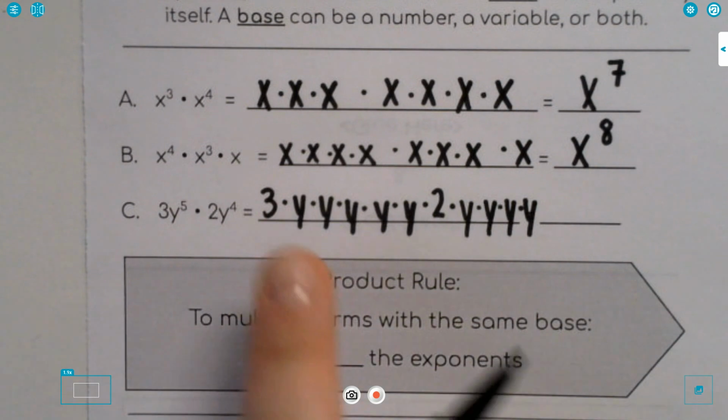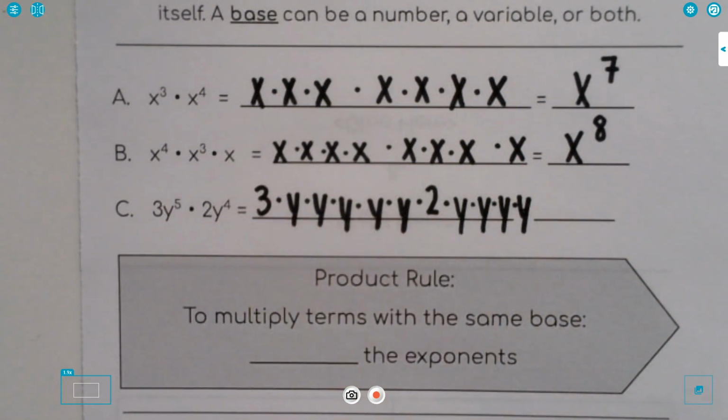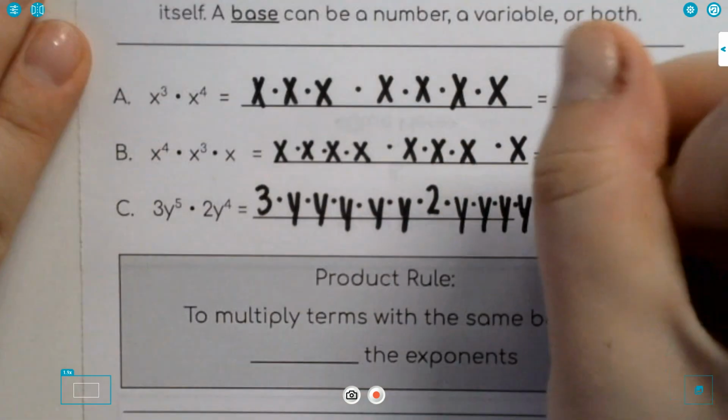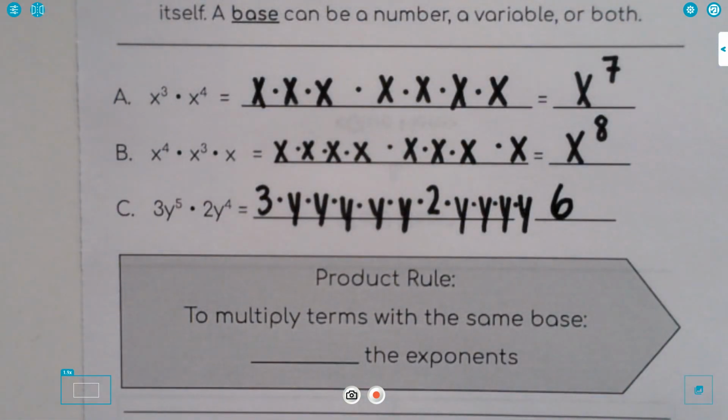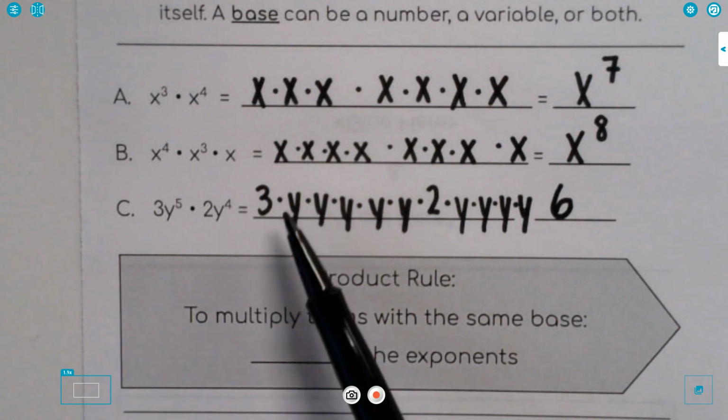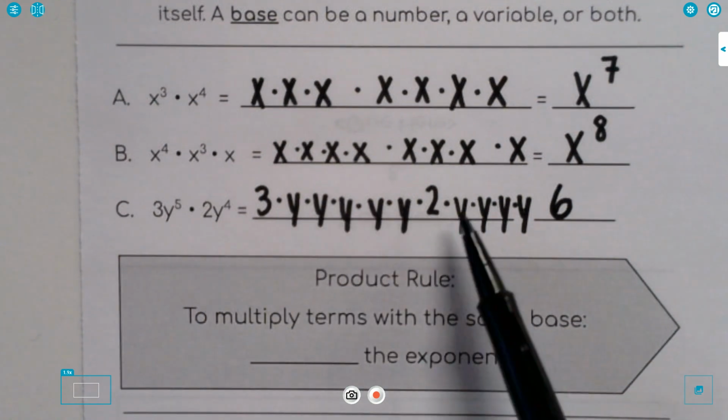So if I've got a 3 over here that's going to be multiplied by a 2 over here, 3 times 2 is just 6. There's no exponents on it. There's no wacky stuff. We just multiply those numbers like normal. Then for our y's, we can just count them up. 1, 2, 3, 4, 5, 6, 7, 8, 9.